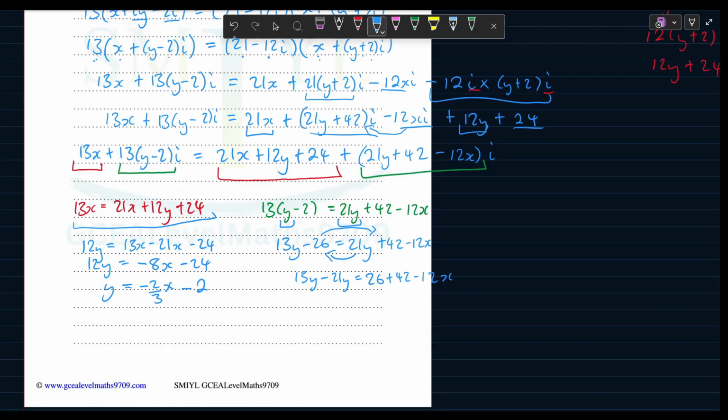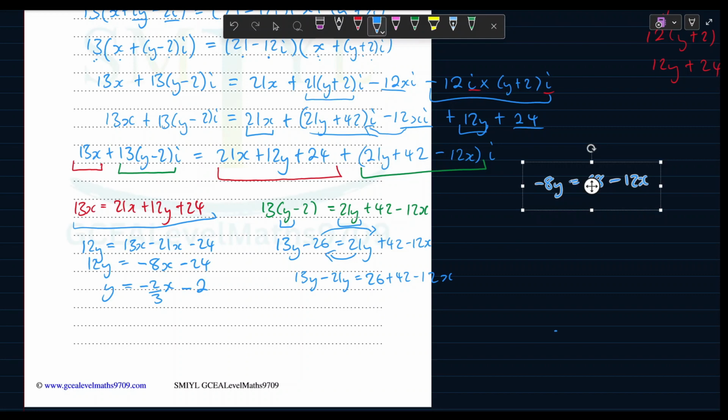So 13y minus 21y is minus 8y, and this is equal to 26 plus 42, which gives us 68, and we've got minus 12x. Let me just write this on the side.